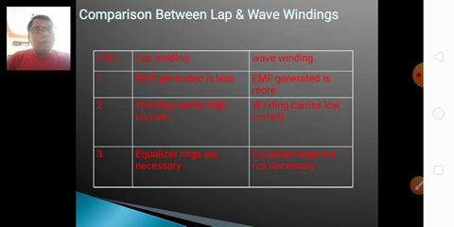In wave winding, the number of parallel paths A is equal to only 2, so the sparking will be less. So why do we need equalizer rings in lap winding? Sparking and unnecessary disturbance are more in lap winding, so they are necessary there. In wave winding there are only 2 parallel paths, so they are not necessary.